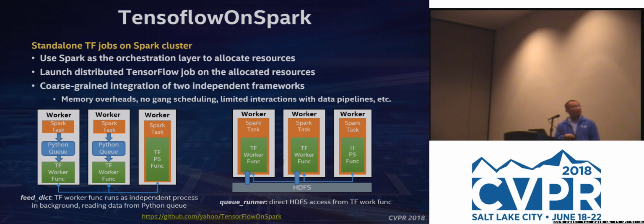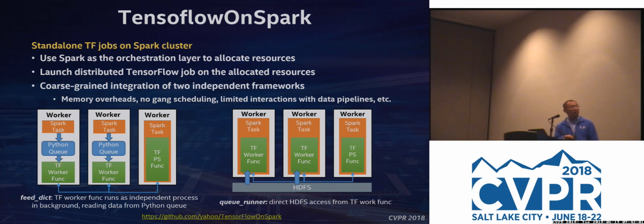And then the Spark task will get the data from, for instance, HDFS or from another data source, and transfer the data through a Python multiprocessing queue. Essentially, those Spark tasks and those TensorFlow tasks are running as independent Python processes, so they communicate through an inter-process communication mechanism.